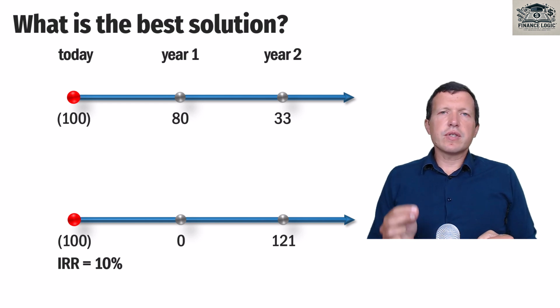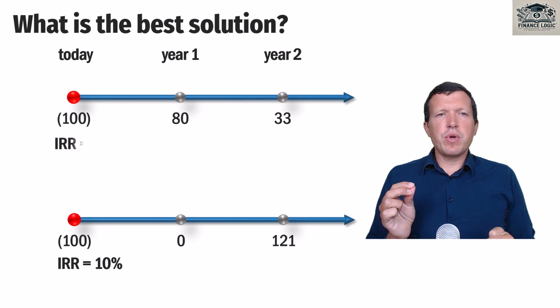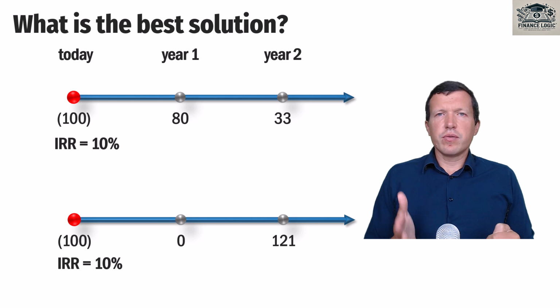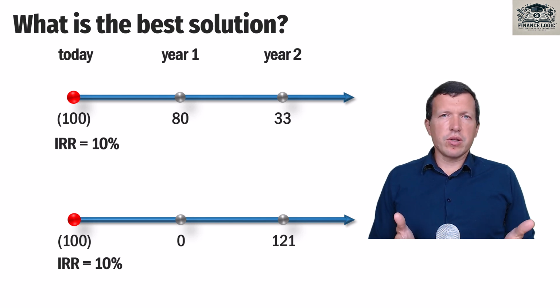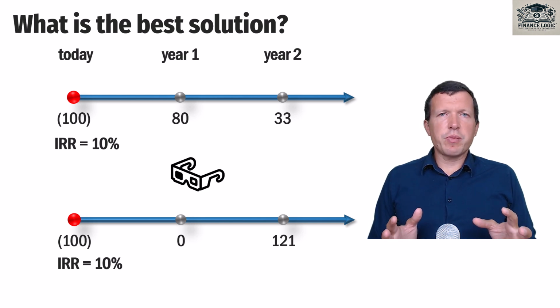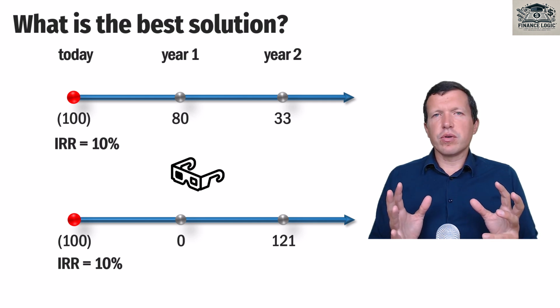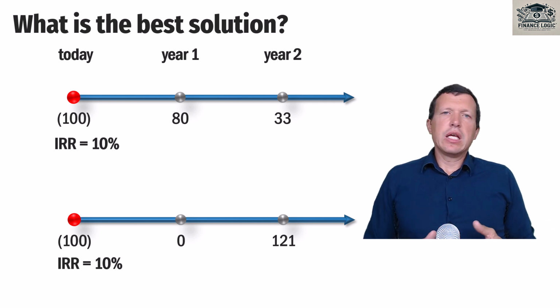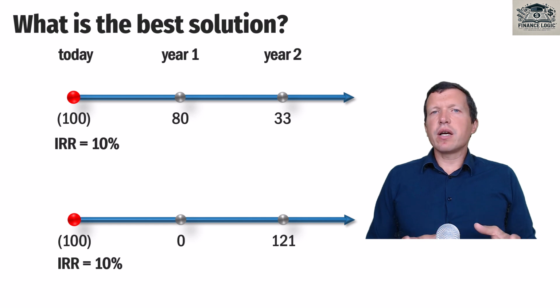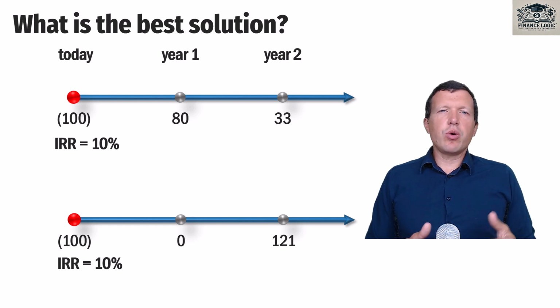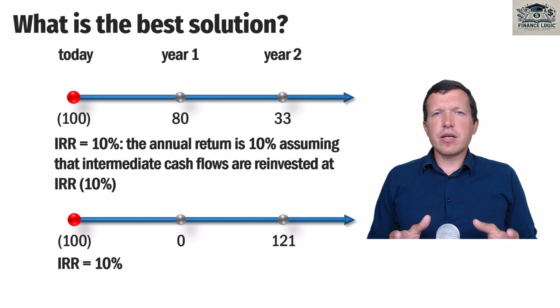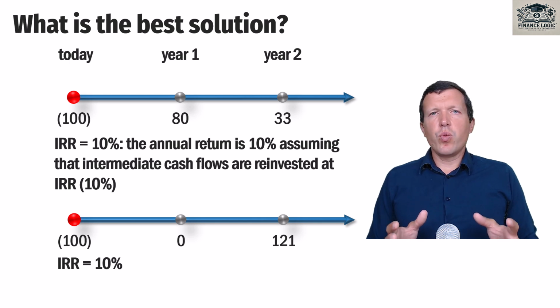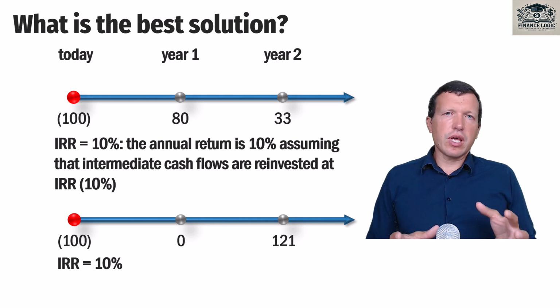So here the solution is to be very careful about the IRR of the first project, saying that it's 10%. We need to put on special glasses to avoid a wrong view. So the interpretation is as follows. Technically IRR is 10%, but our annual return is 10% only if we can reinvest intermediate cash flows.